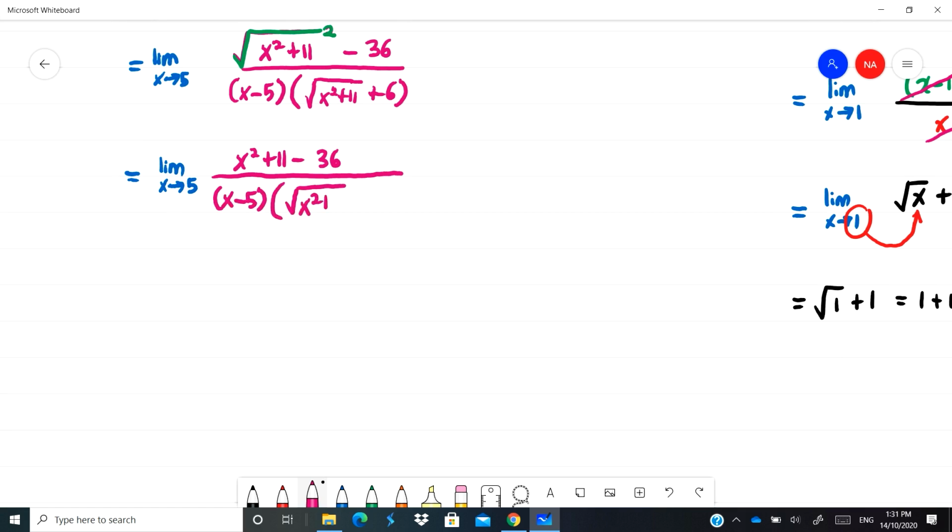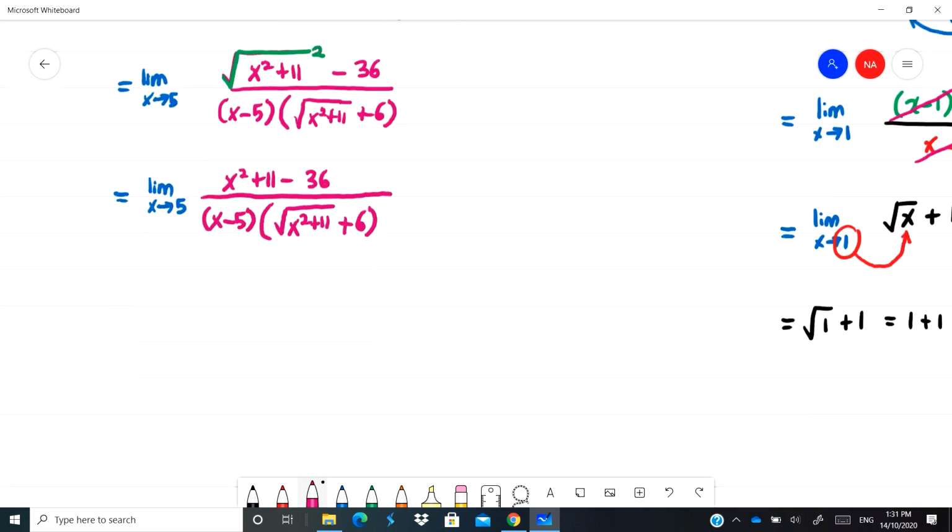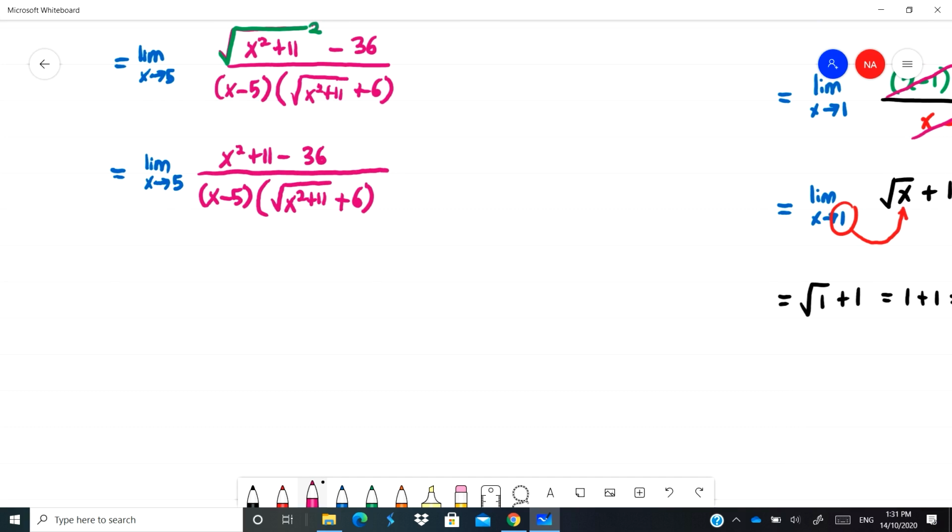So this will be square root of x squared plus 11 plus 6. So this is what you have now. So you have to simplify the numerator. So pressing your calculator, you will get the limit as x approaching 5, where this term is now simplified to be x squared minus 25, the whole thing over x minus 5.